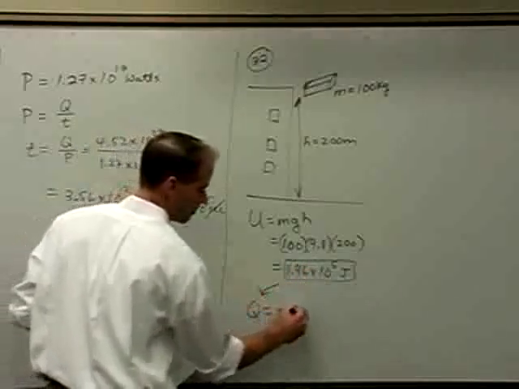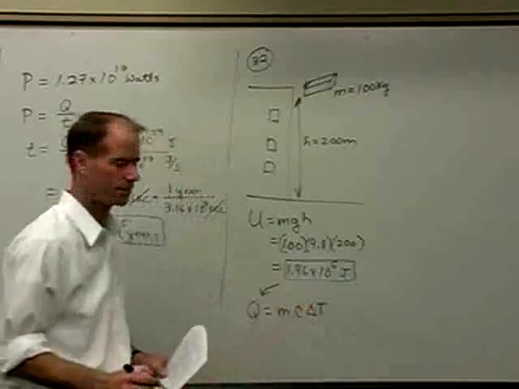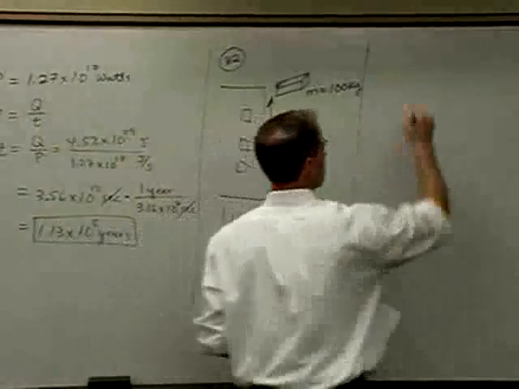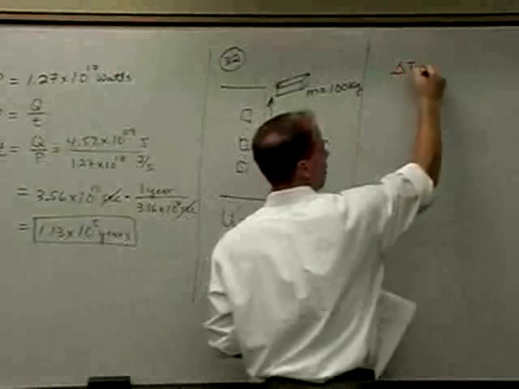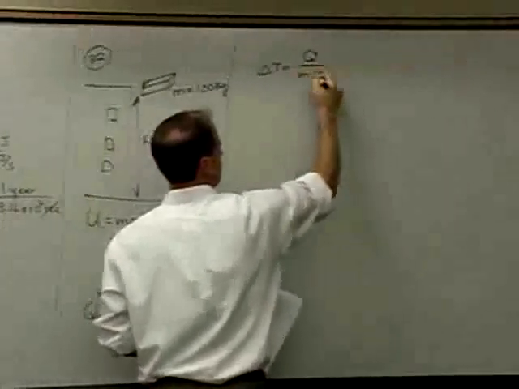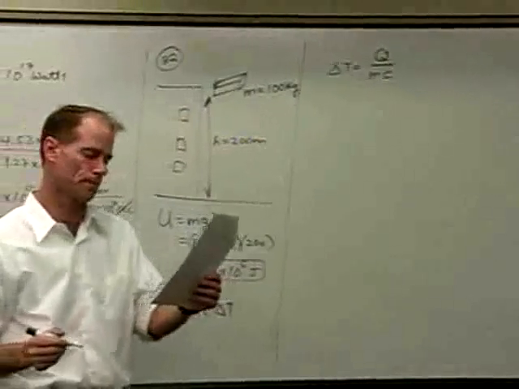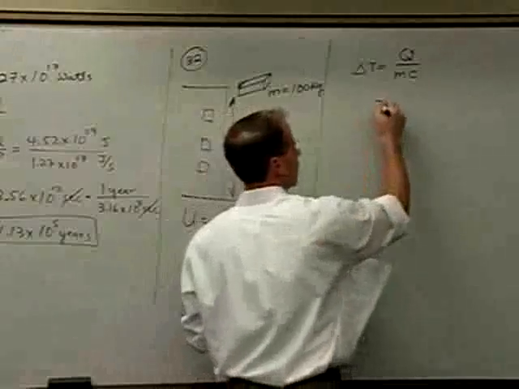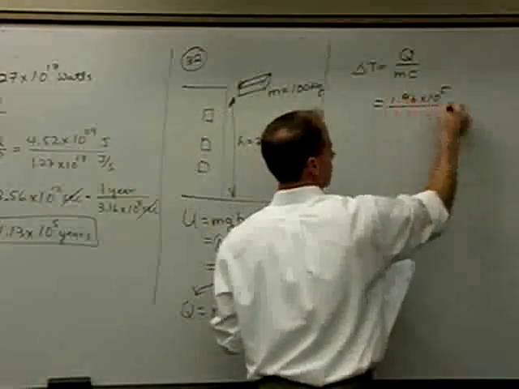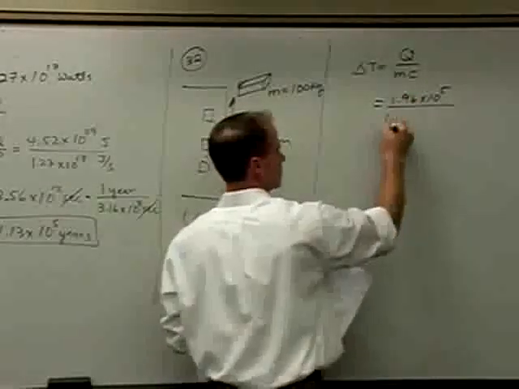All this will go into heat of this form: mass times specific heat of the marble times its change in temperature. That means that the change in temperature of the marble will equal the heat divided by the mass divided by the specific heat of marble. And this will be 1.96 times 10 to the 5 joules. The mass of this marble slab was 100 kilograms.